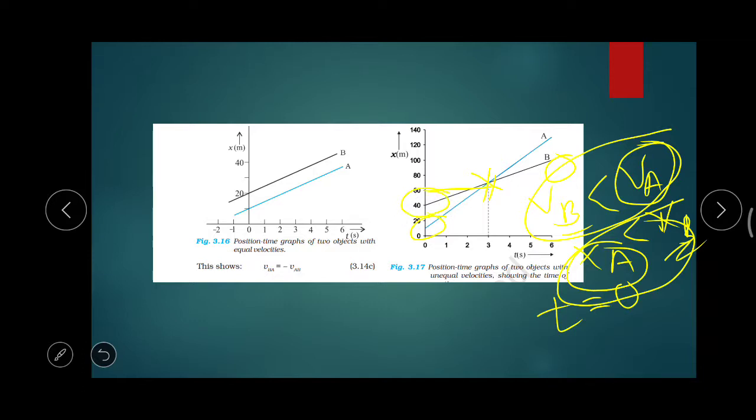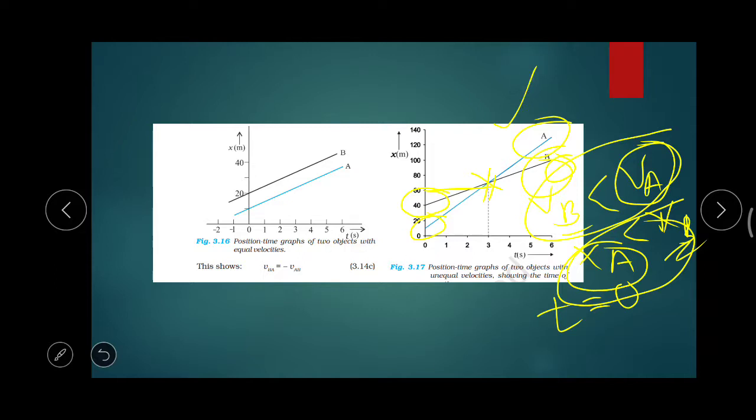So XA is lesser than XB. In such a case the graphs will meet at one point. Otherwise we can say at a particular time both the bodies will meet each other, and afterwards A will overtake B because the velocity of A is more than that of B.